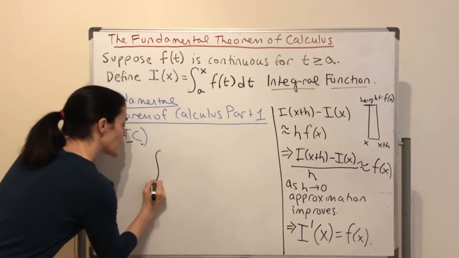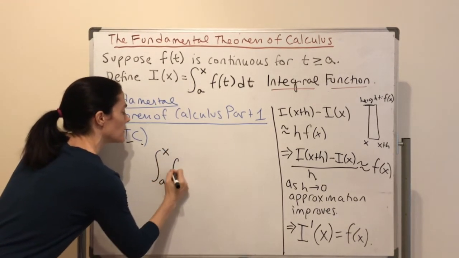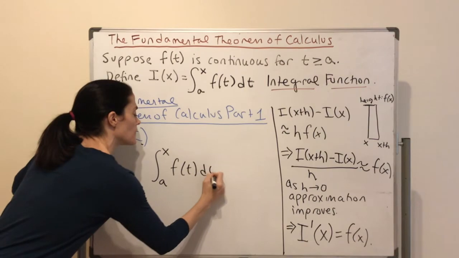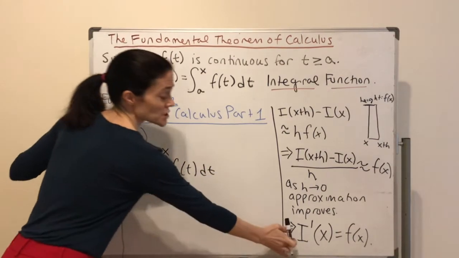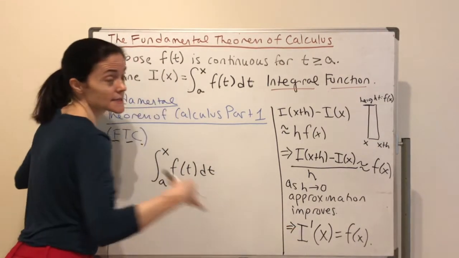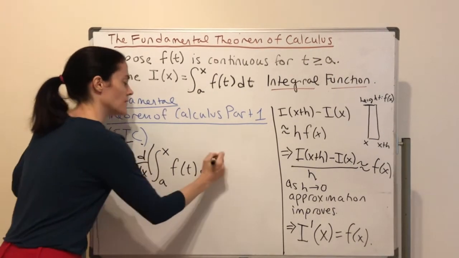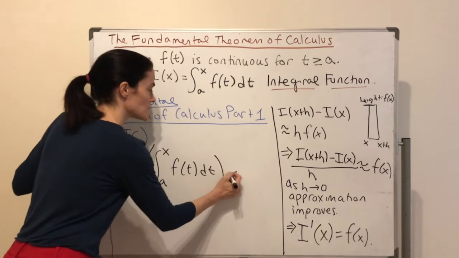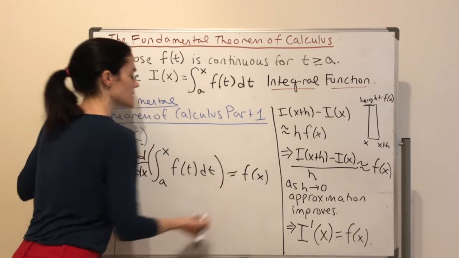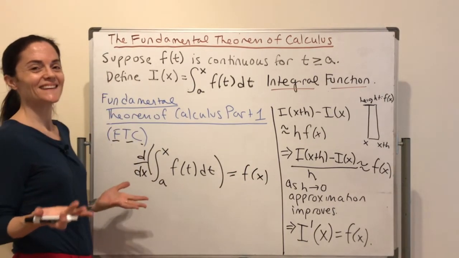Here, but I will write it this way. Now, I'm just going to recopy this. What does this say? It says the derivative of this function equals little f of x. And this is part 1, okay?